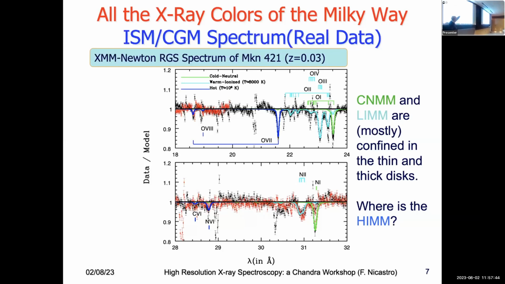This is only oxygen, and you see from oxygen I to oxygen VIII. So there is really everything in the Milky Way. And we don't know exactly where it is located because these lines of sight go through all this material up to the local group medium, actually.